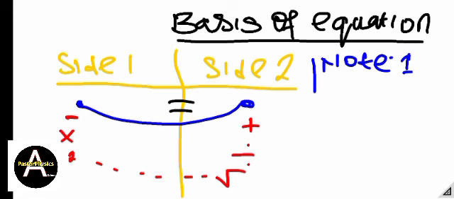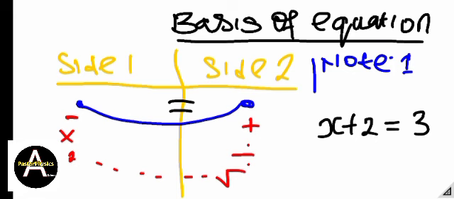Now, let us give some few examples to practicalize this. If we have something like x plus 2 equal to 3, how do we solve this equation? We are looking for x, right?